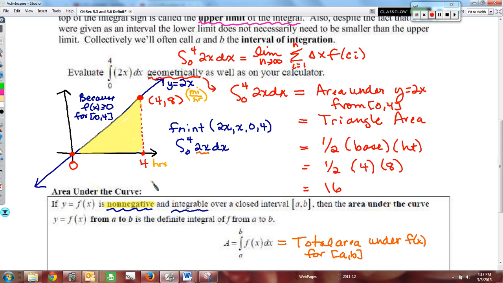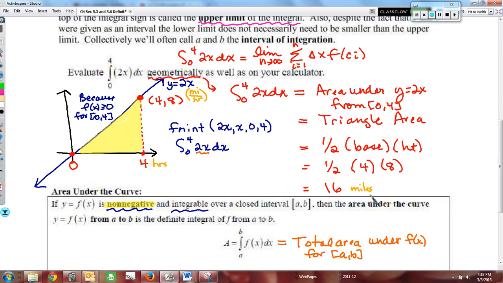When I calculate this area that we are talking about, the area is now going to have units of your 4 hours times your 8 miles per hour. You're going to basically have units of miles. So this accumulation of area, if we're talking about this in terms of velocity, is an accumulation of distance, which is a displacement.